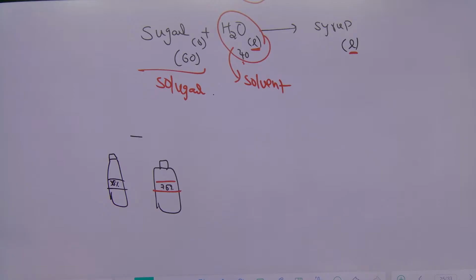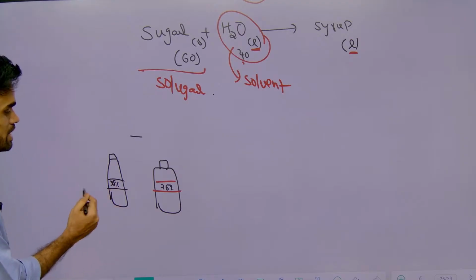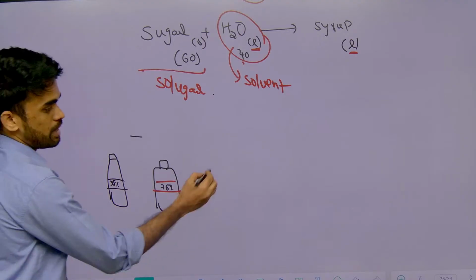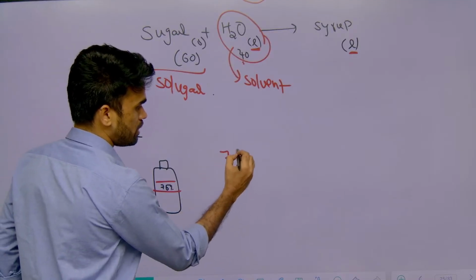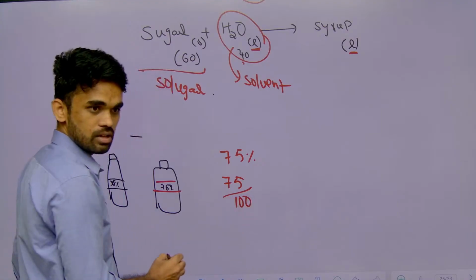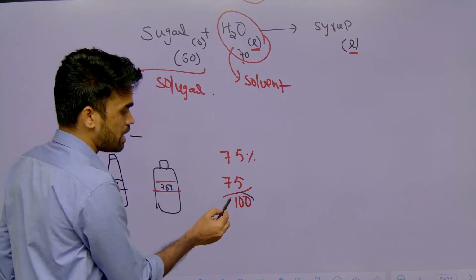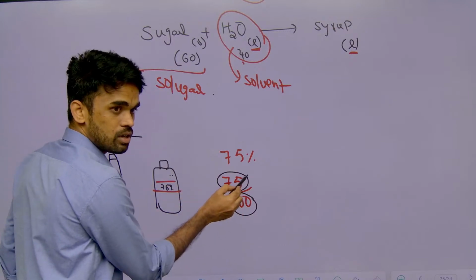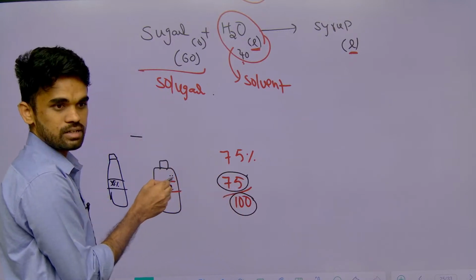Whiskey bottles, anything, it will be mentioned like this. So it will be 35%, 40%, 50%, and on a sanitizer bottle 75%. What does it indicate? It indicates percentage. If it is 75%, it means 75 by 100. So for every 100 ml of this solution, 75 ml of that solute is present.